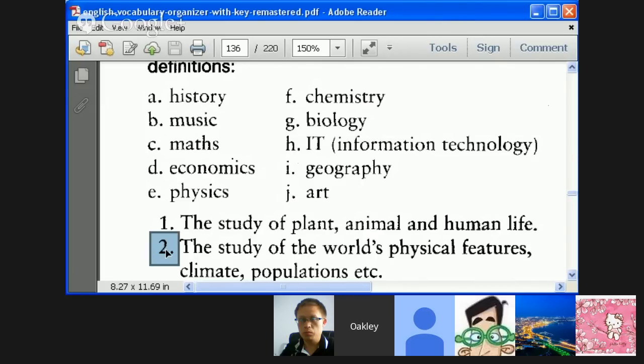Okay, Heidi, number 2. The study of the world's physical features, climate, population, etc. Geography. Indeed. Now, this is interesting because some places they teach geography, some places they do not. Heidi, were you taught geography when you were young?